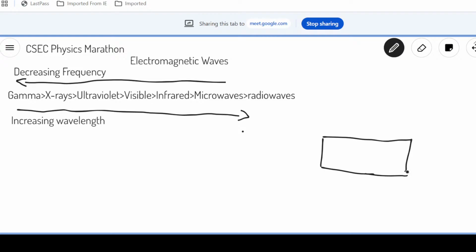You have to look if they put in a normal in the question. All angles are measured from the normal to that ray.